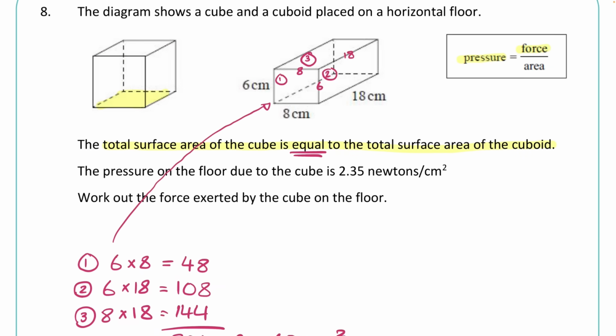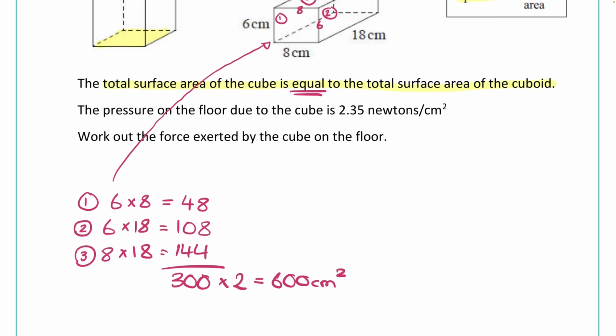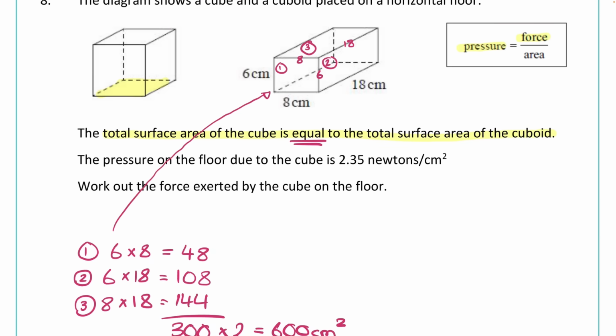Now, because they're equal, that means the cube also has a surface area of 600 centimetres squared. Now, if the cube has a surface area of 600 centimetres squared, we can use our knowledge of a cube, because all of the faces are the same size.